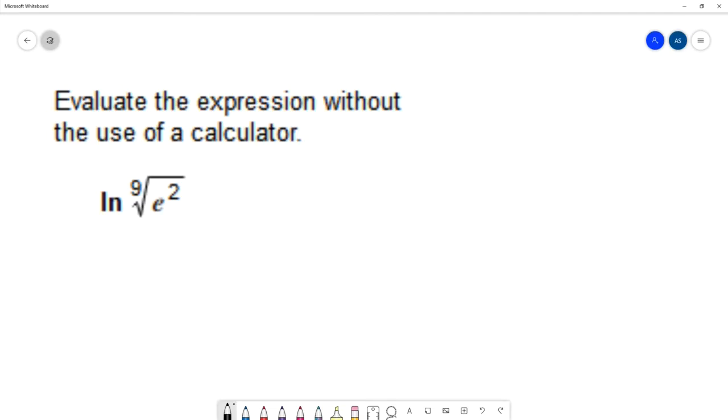So having the 9th root is the same thing as raising to the 1/9 power. So this is the same thing as natural log e squared to the 1/9 power, or natural log e to the 2/9 power if you consider that squared.